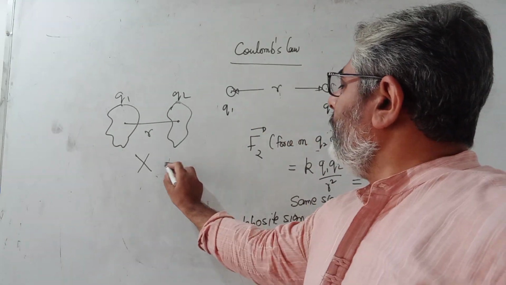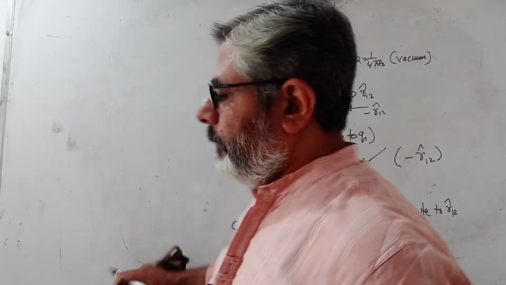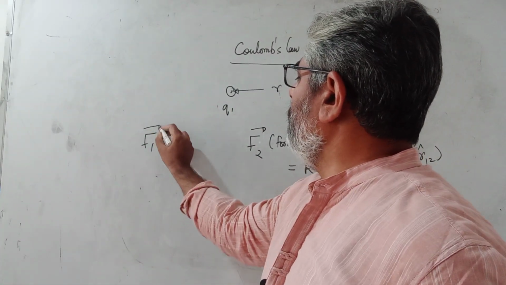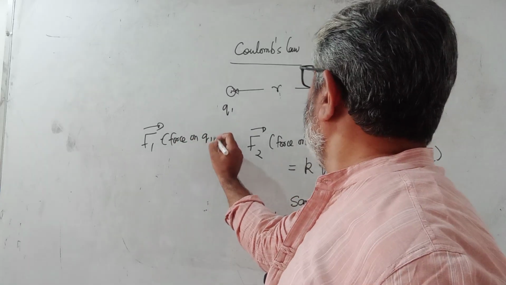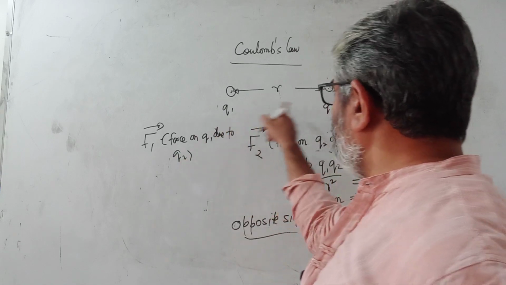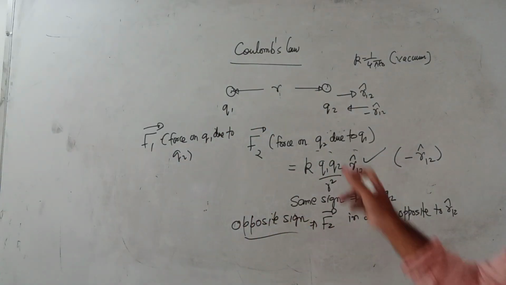Now if I want to find F1 vector, let me clear this board here. So suppose I want to find F1 vector. Now this is what? This is the force on Q1 due to Q2. So the force on this charge due to this. So do we have to do a separate exercise, or is it managed in this?